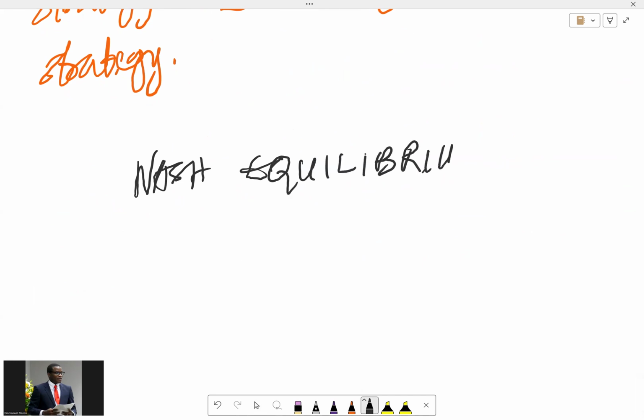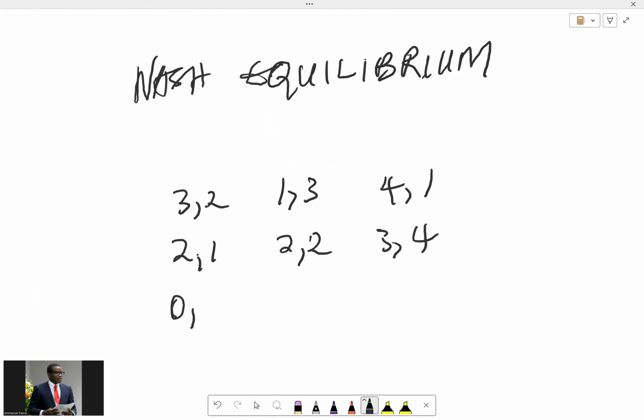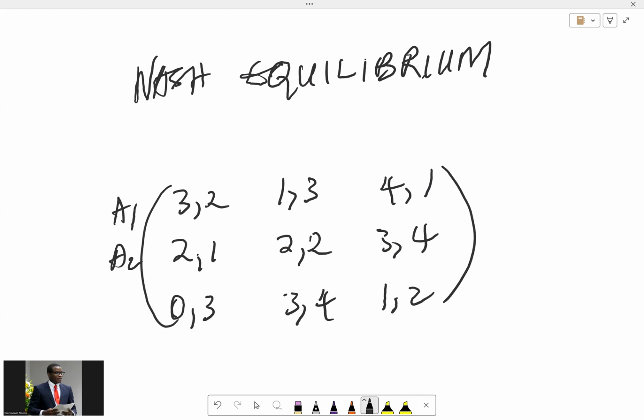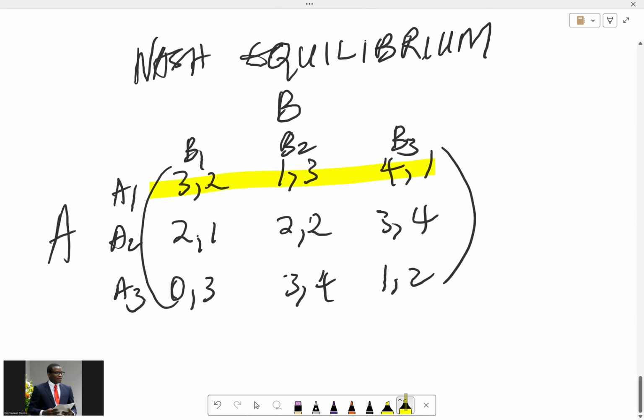So from what we have, we have 3, 2, 1, 3, 4, 1, 2, 1, 2, 2, 3, 4, 0, 3, 3, 4, 1, 2, and all of that for A1, A2, A3 belonging to player A, and B1, B2, B3 belonging to player B. From what we saw already, A1 was player A's best strategy, and B2 was player B's best strategy.